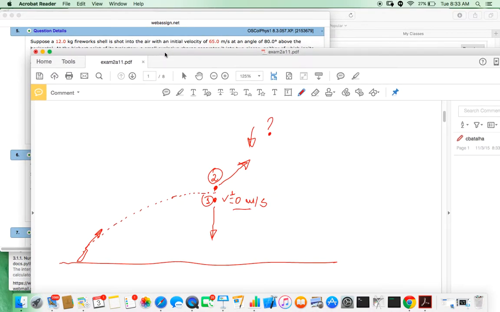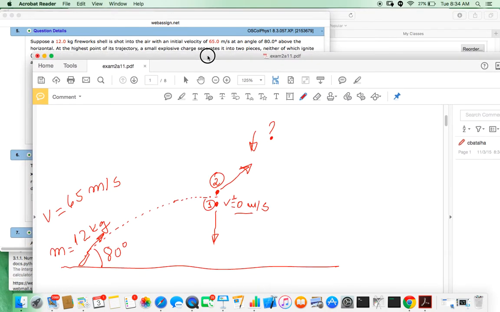And then let's read the problem. So we have this initial projectile, which has 12 kilograms of mass. The initial velocity is given, 65 meters per second, and the angle here is also given, it is 80 degrees, right?